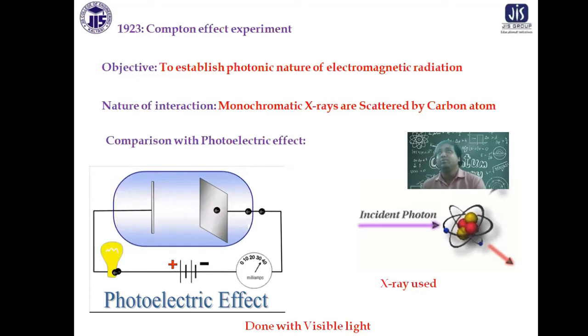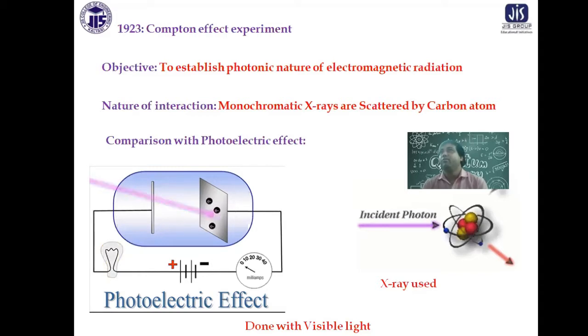So in the Compton effect you are preferring X-ray, not ordinary light. Why X-ray? Why not ordinary light? That is a question to be answered. In photoelectricity the radiation was incident on a metal, but the Compton effect study was done with a carbon atom. Why carbon, you will come to know. But if you see side by side, both phenomena are very similar: a wave on matter.